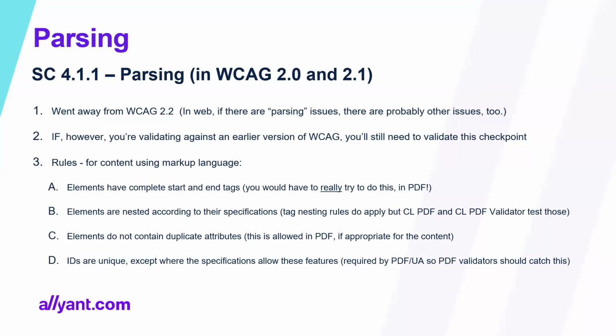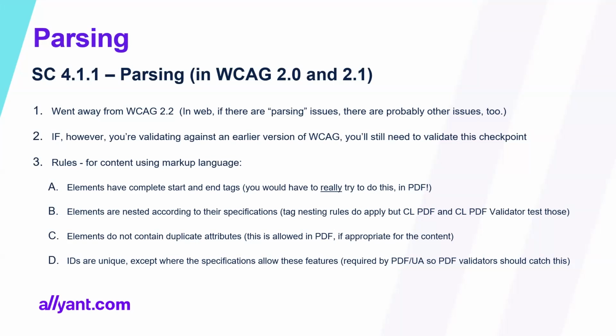And then the fourth requirement here is that IDs are unique, except where specifications allow for IDs to be the same or not be unique. Now, PDF UA requires that, for example, tags that have IDs, that they have unique IDs, right?